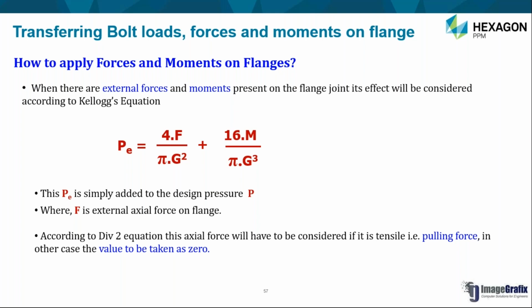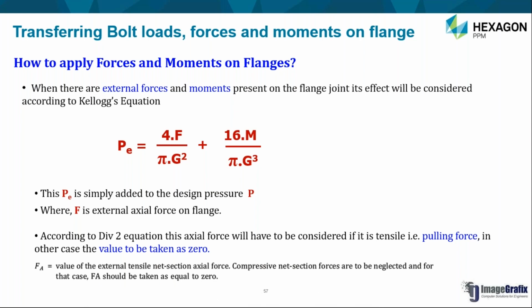As per Division 2, according to the Division 2 equation, this axial force has to be considered if it is tensile, that is a pulling force. In other cases, the value should be taken as 0. They have defined it as Fa, the value of the external tensile net axial force.